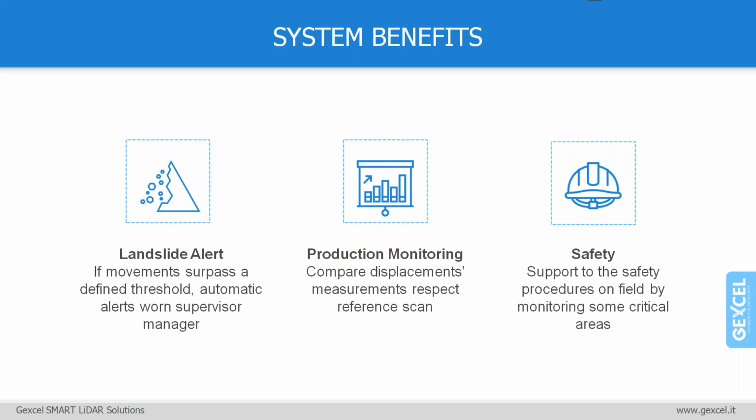Operators can customize monitoring frequency and notification threshold, and when the preset threshold is exceeded, the system sends an automatic alert to the supervisor. Another thing is that it's possible to check the mine's productivity, comparing the change detection and displacement measurements with respect to a reference scan.